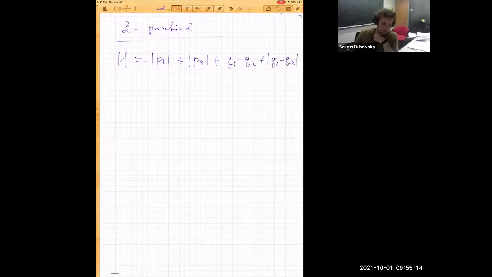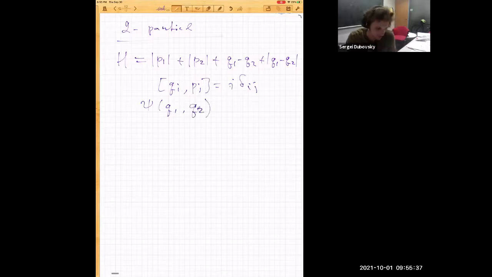The most naive thing one may want to do is to impose canonical commutation relations, Qi Pj equal to i delta ij, work in the coordinate representation, and write the conventional Schrödinger equation. It is slightly non-conventional, since one needs to define the operator absolute value of P, which is somewhat non-local, but that's not a big deal.